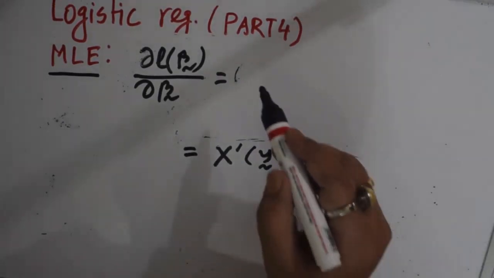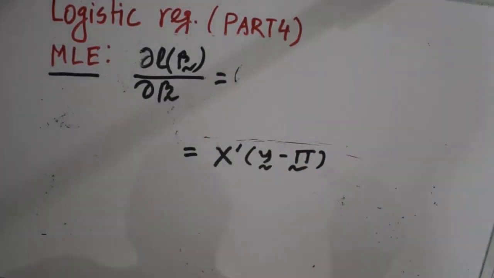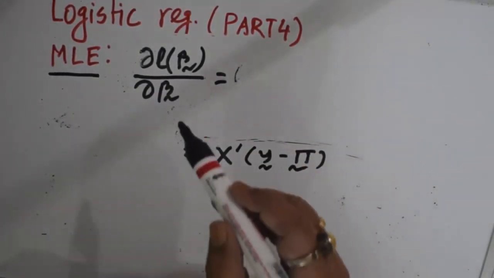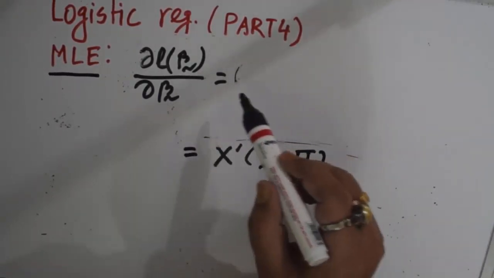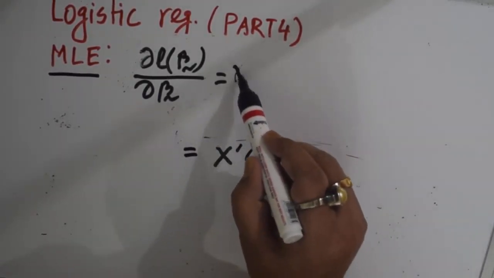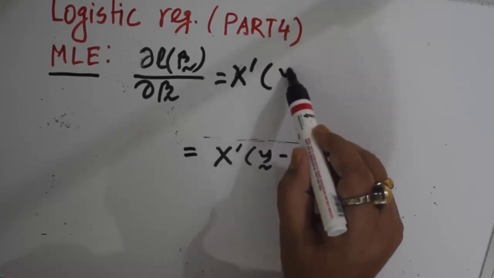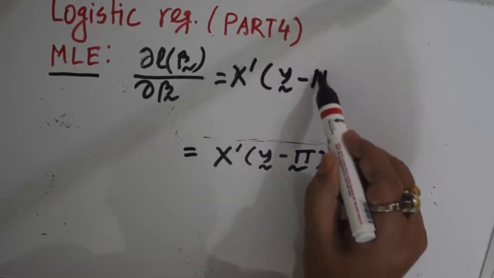So the partial derivative of l of beta curl with respect to beta curl is equal to X prime times y curl minus pi curl.